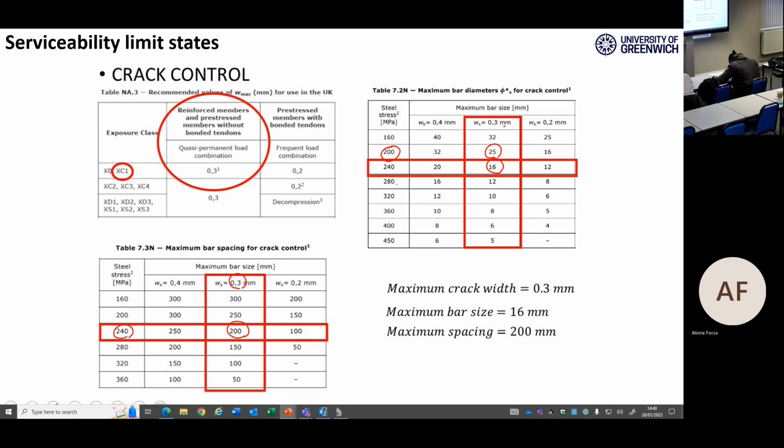So in this case, I need to use reinforcement up to 16 millimeter, and the spacing between 2 reinforcements shouldn't exceed 20 centimeter, 200 millimeter. If you comply with these 2 criteria, you're sure that you don't have any crack problem, right? In addition to whatever you had before.